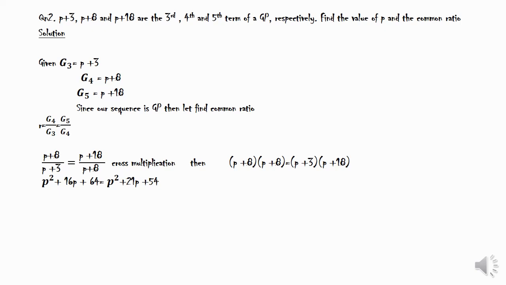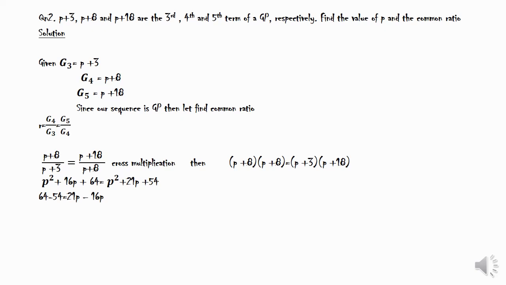The terms which are similar, just collect them to each side. You find that p squared will cancel, and you take the terms which have the similar variable to each side.